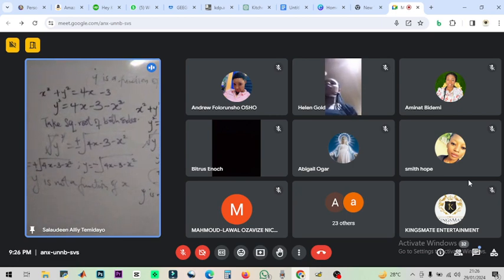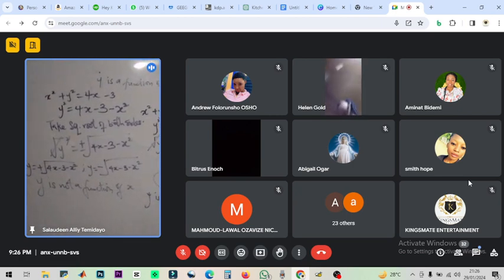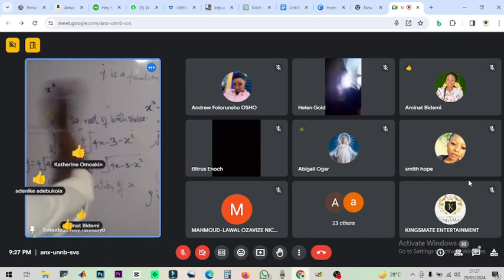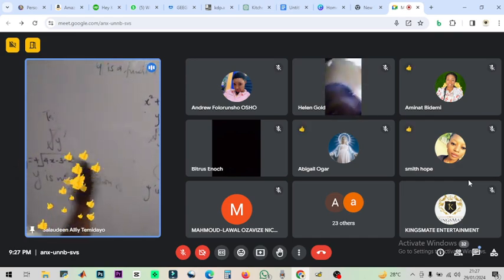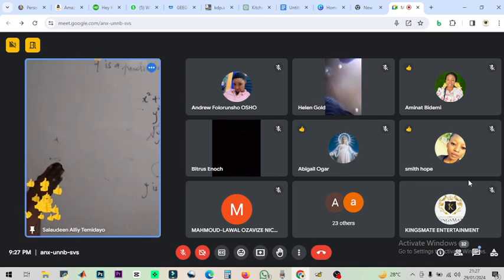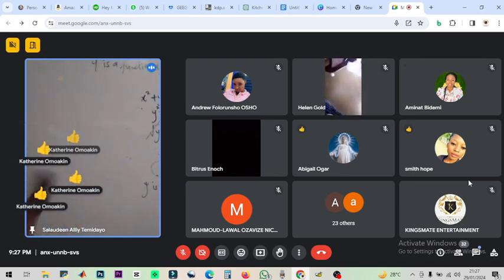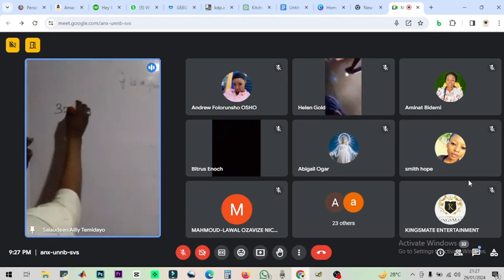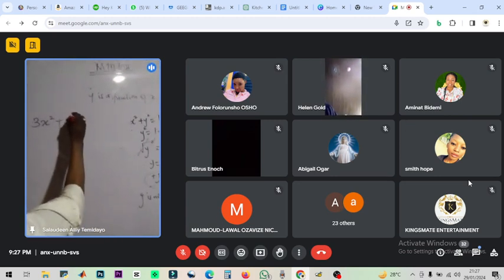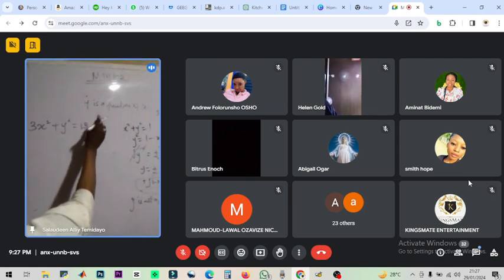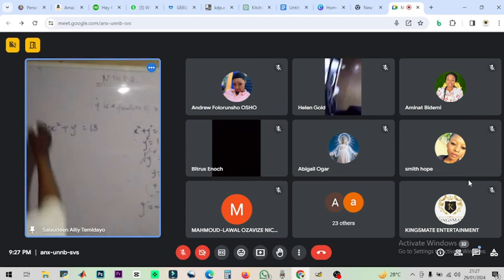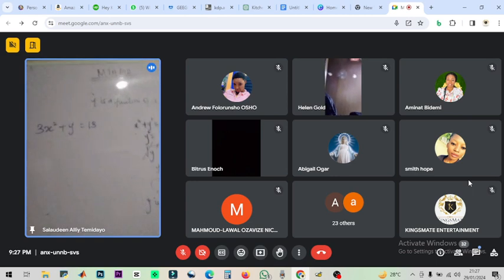Let me see the reaction. Anyone here? Alright, what I'm going to use to determine is the classroom. I have a question here. Let's say I have 3x squared plus y squared equals 13. Tell us, is y a function of x or not?